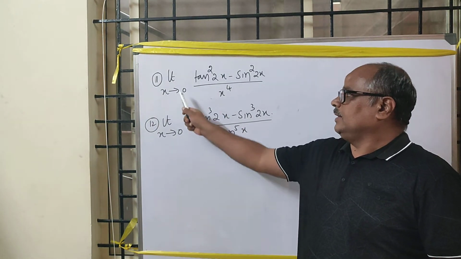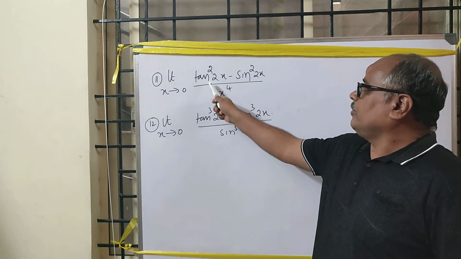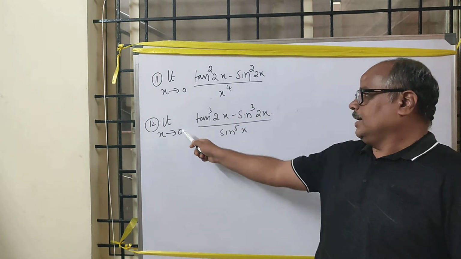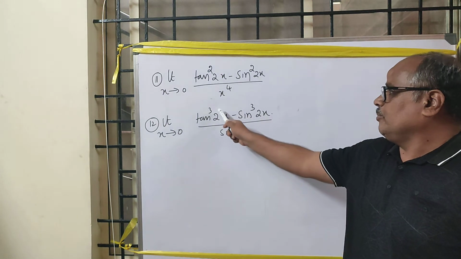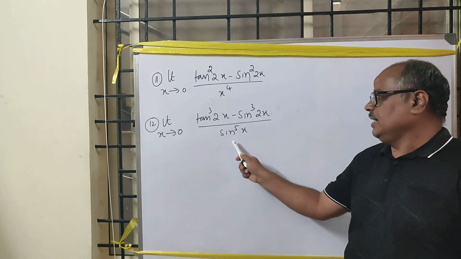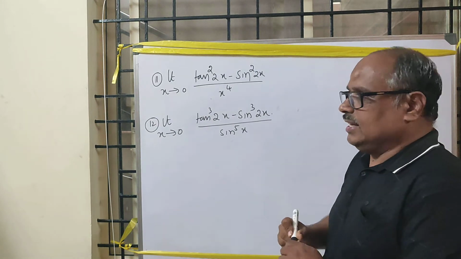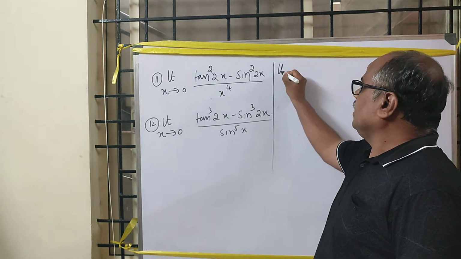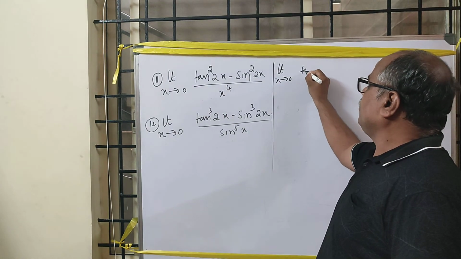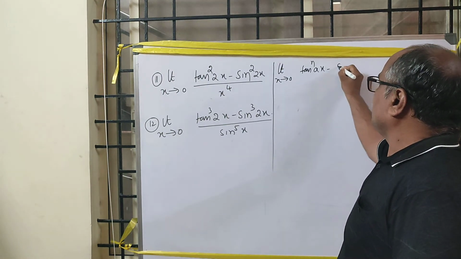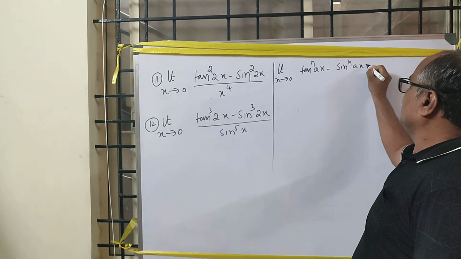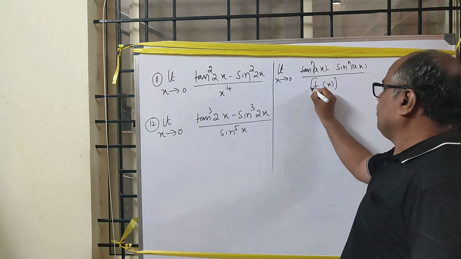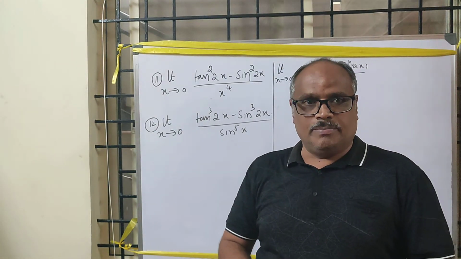11th and 12th problems. The 11th problem: limit x tends to 0, tan squared 2x minus sin square 2x divided by x to the power of 4. The 12th one: limit x tends to 0, tan cube 2x minus sin cube 2x divided by sin to the power of 5x. In these problems, we have to use one of the shortcuts: limit x tends to 0, tan to the power of n ax minus sin to the power of n ax divided by f of x to the power of n plus 2.